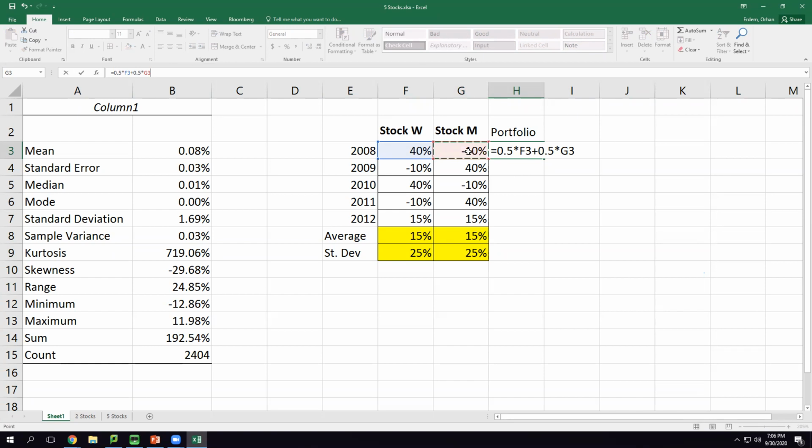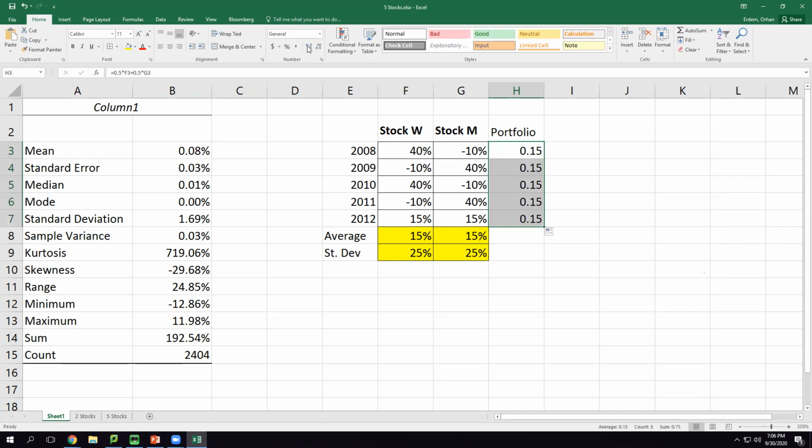It's on my screen, you can see that from there. When you hit enter, you will get 0.15. Did you get that? Yep, that's what I got. Okay, now drag and drop until 2012.